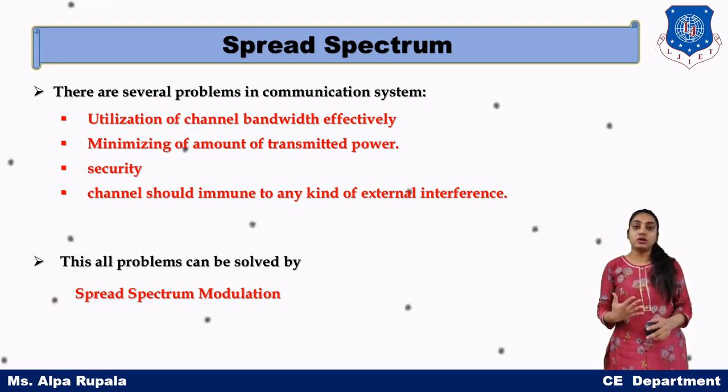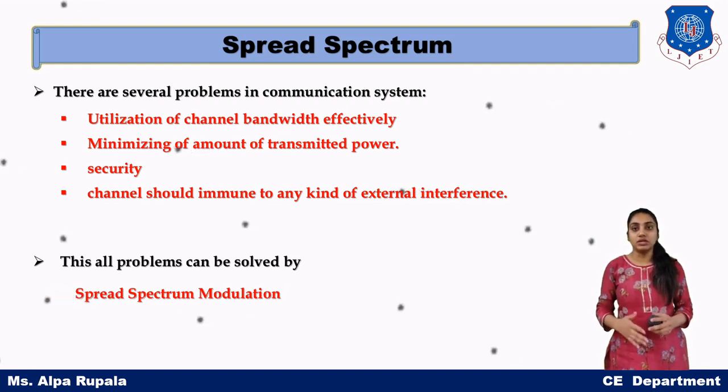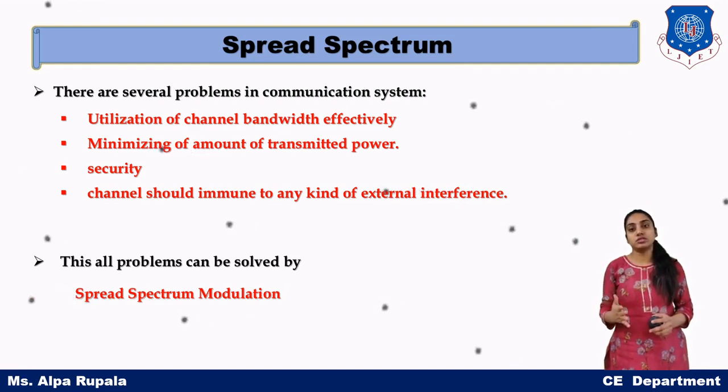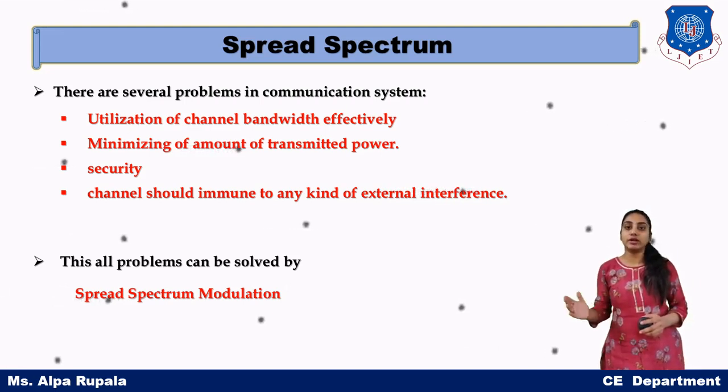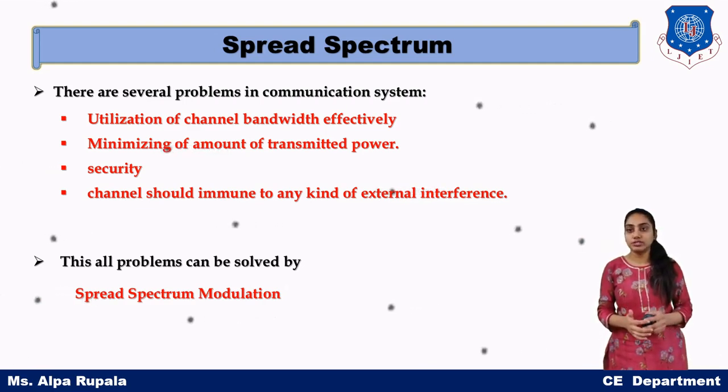Because our signal is a kind of noise signal, it will require a much lesser amount of transmission power. Then for security purposes, while we are converting our signal from narrow band to broadband, we can have some security code mechanism, so our data will be secured also.